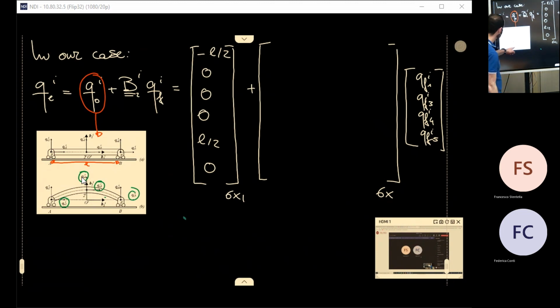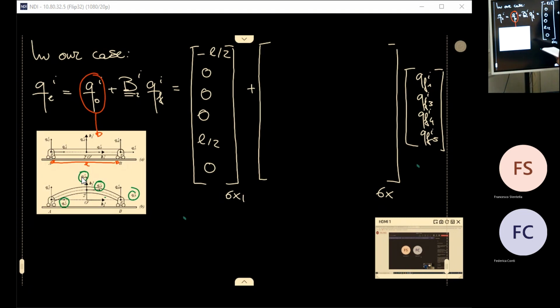In this case, 1 and 5 basically are axial deformation, so this body can elongate and compress. While QE2 and QE6 are transverse displacement, meaning that you can have a bending, and also QE4 and QE3. But 2 and 6 are not possible because it's a simply supported condition. So basically, what you are left with is these 4 out of 6.